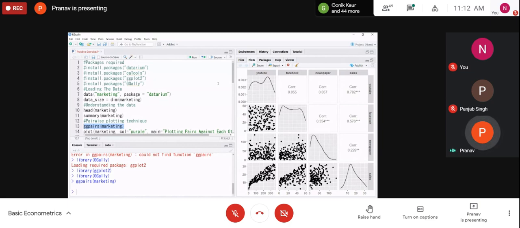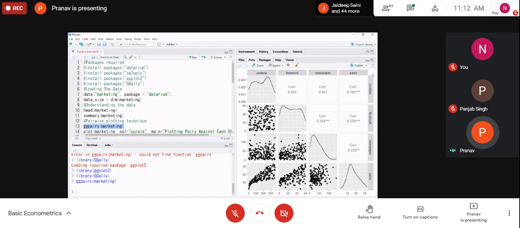I called the functions ggplot2 and ggally. Both were already installed on our RStudio. So in order to use those functions, I am calling them again by using library. And then next, I use the function ggpairs, which is for pairwise plotting of the data frame that we have.